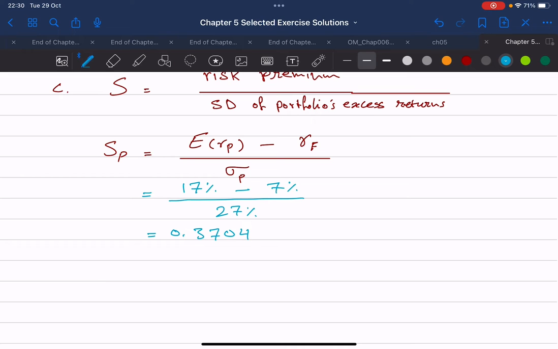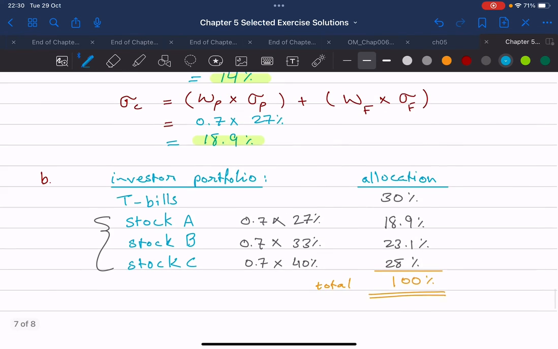And for the client's portfolio, we denote it as C. The expected return on the complete portfolio minus the risk-free rate, divided by the standard deviation of the complete portfolio. We substitute.